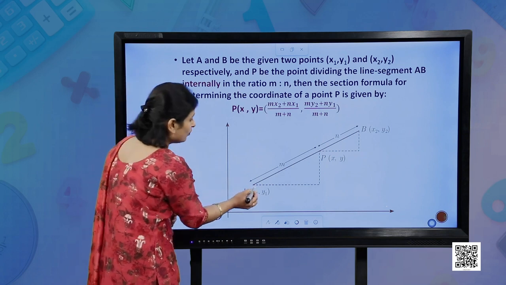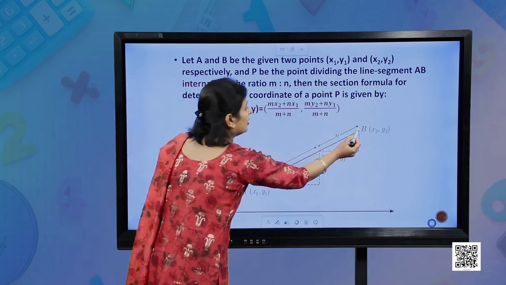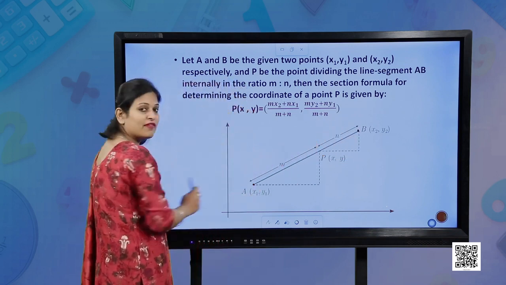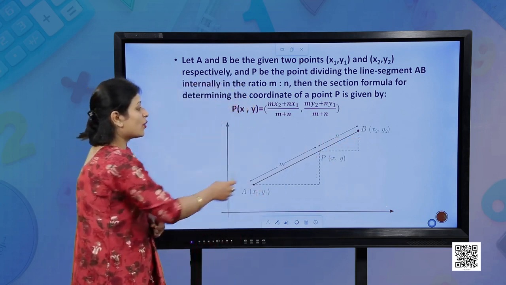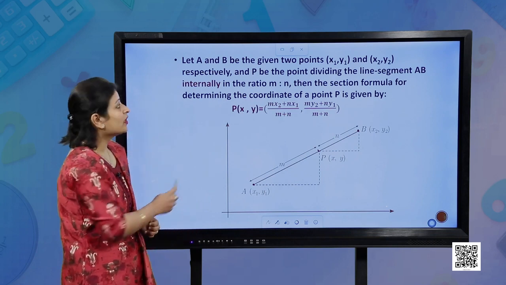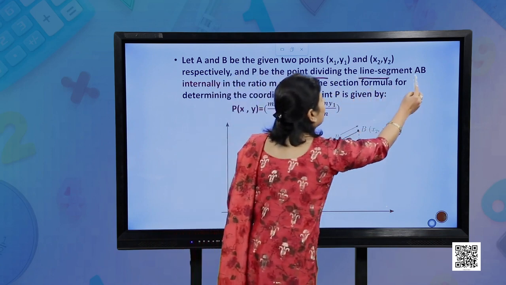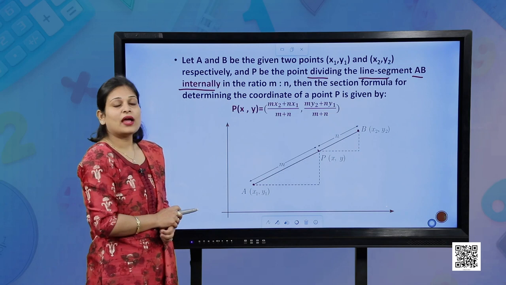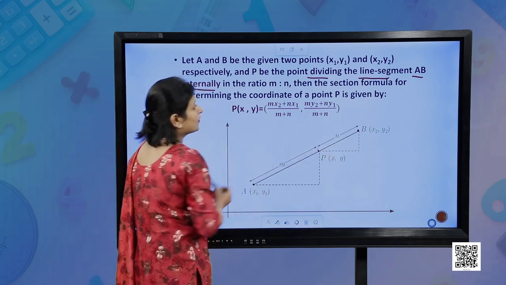Just plot these two points in the coordinate plane. Now consider a point P (x, y). The point P divides the line segment AB internally in the ratio m is to n.